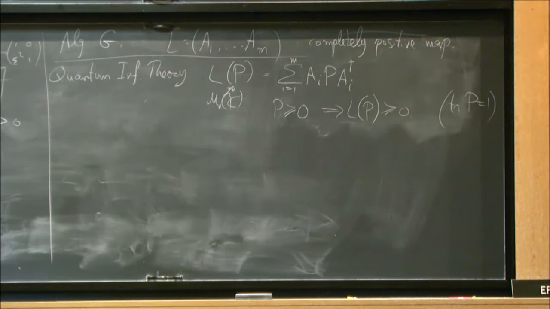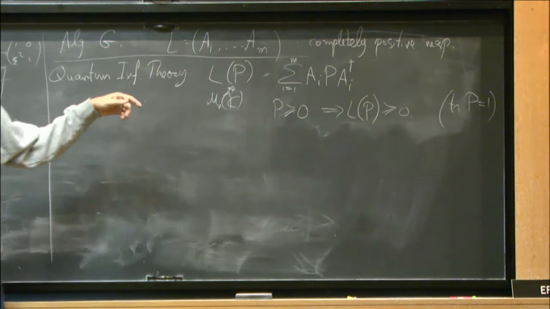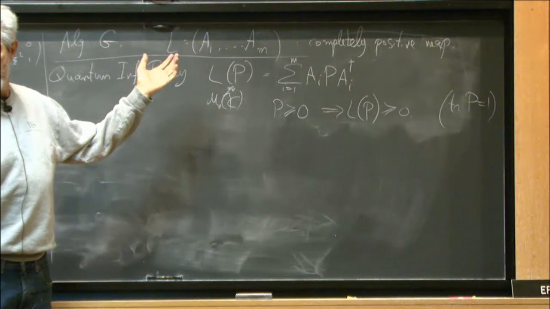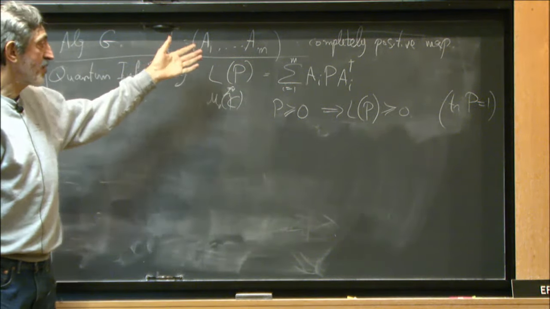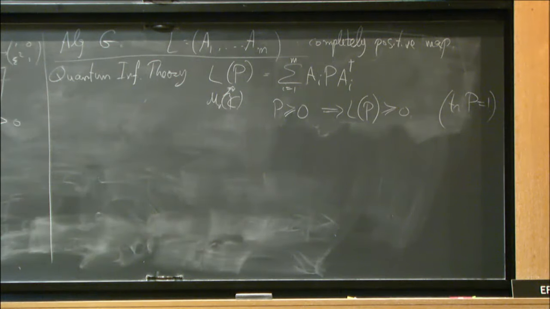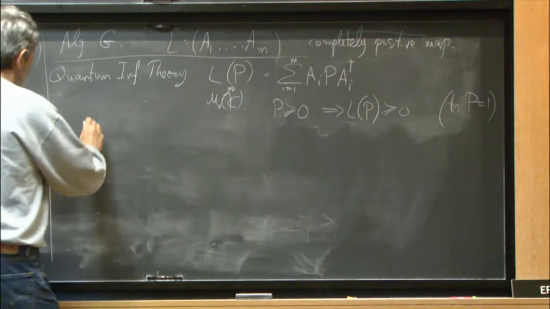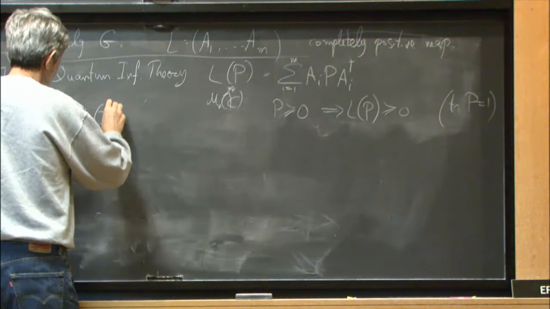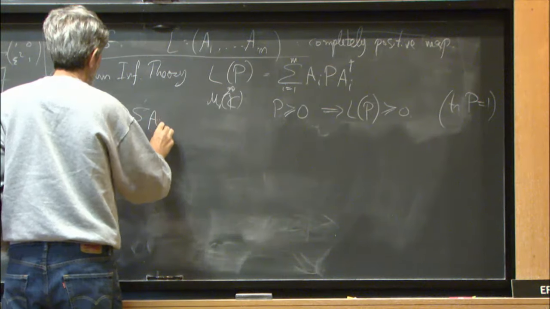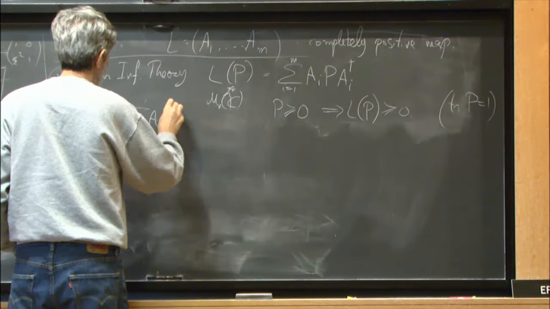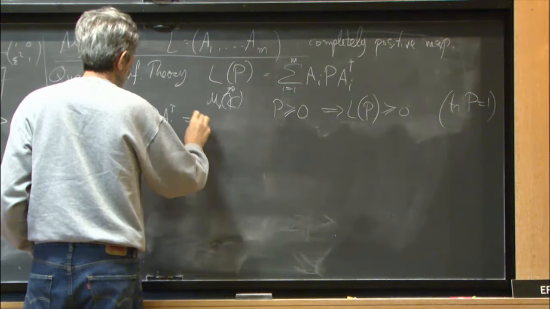And if you care about this, then you also care about the maps which preserve the trace. This completely positive map is called trace preserving if L of I, which is just the sum of AI AI dagger, is the identity.